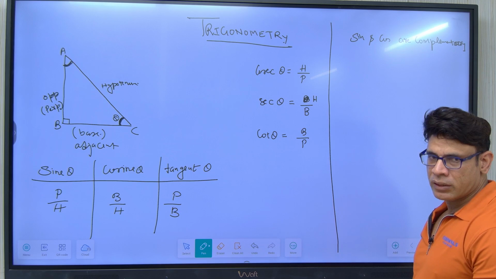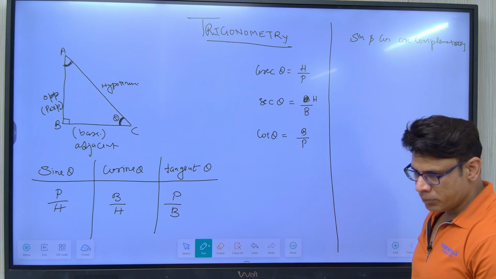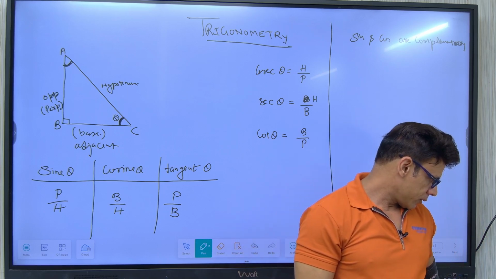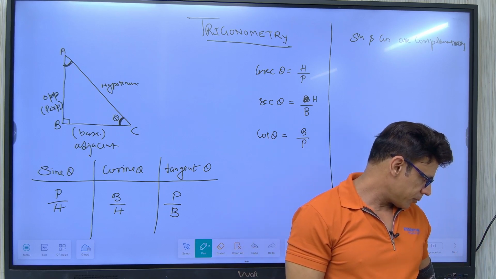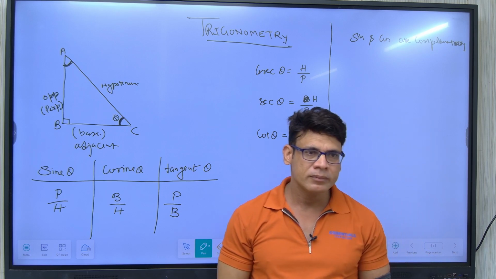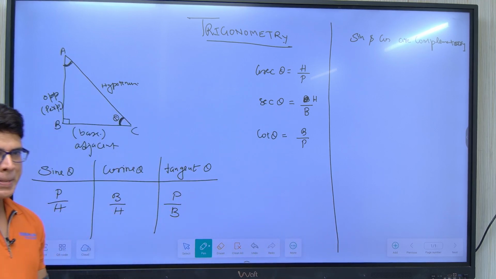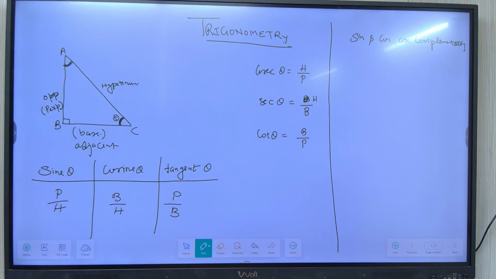What is the meaning of complementary? हाँ, complement करते हैं, correct. Complementary बनाए, complete करते हैं. Complete मतलब they together form 90 degree.